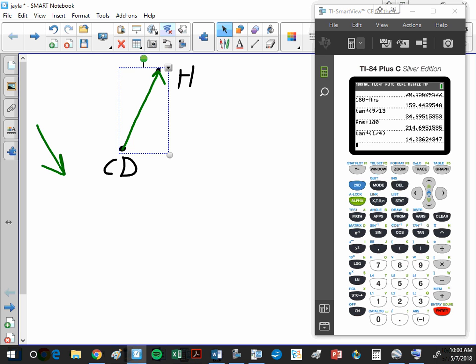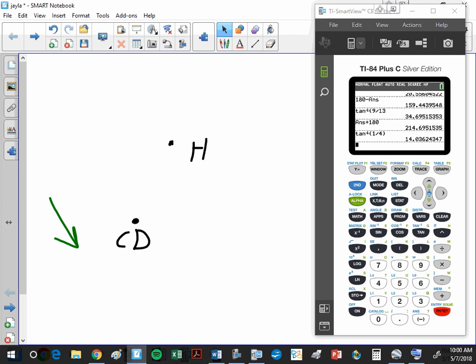So, let me pull these down. So the wind is working that direction, so I need to fly in this direction. Yeah.